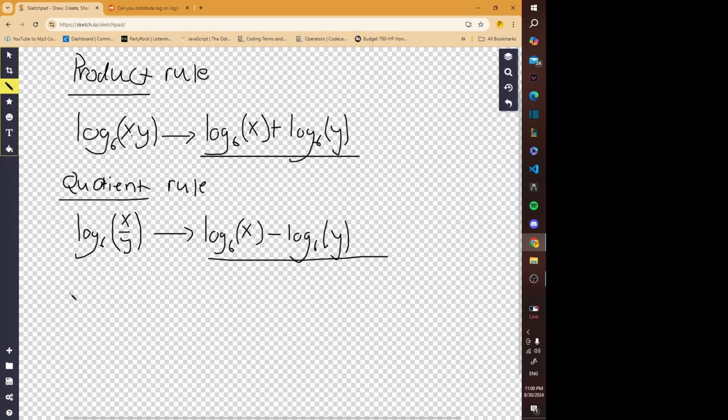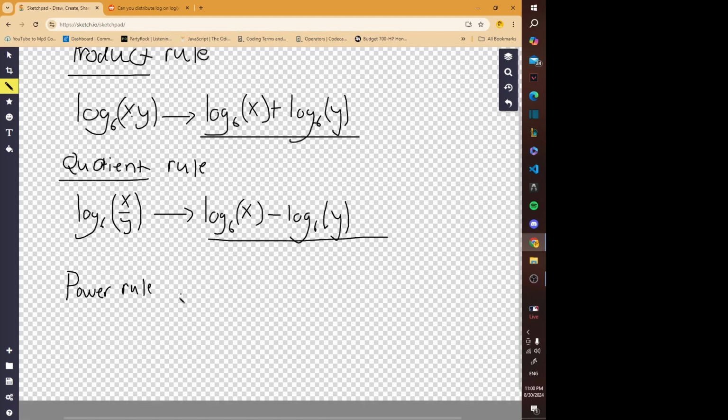Okay? So finally, let's go through the power rule. Now, like what I said before, I see the word power, I think of an exponent, okay? So we're going to be dealing with an exponent here. So let's say you have a log base 6 of x, and that's just going to be raised to any nth power, okay?